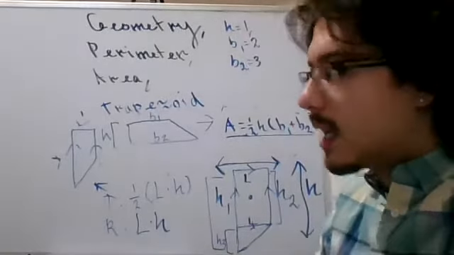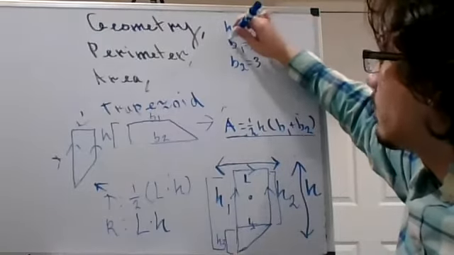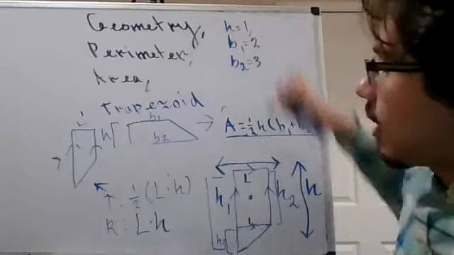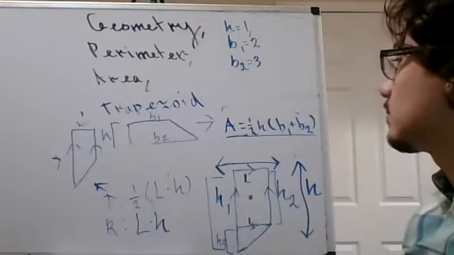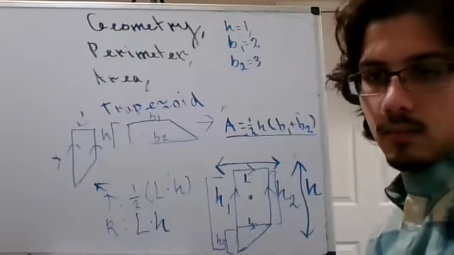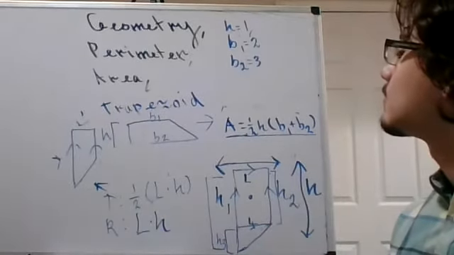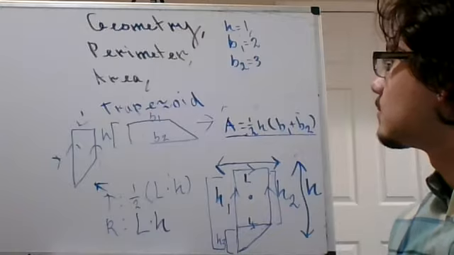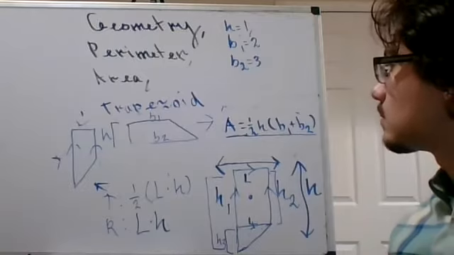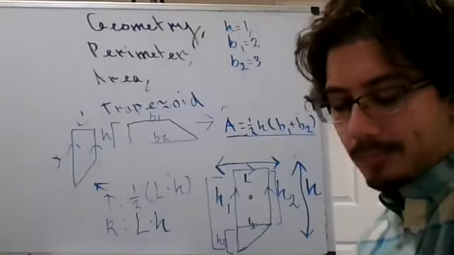Can anyone tell me what would be the area of a trapezoid that has this information? Just call it out if you get it. Anyone?